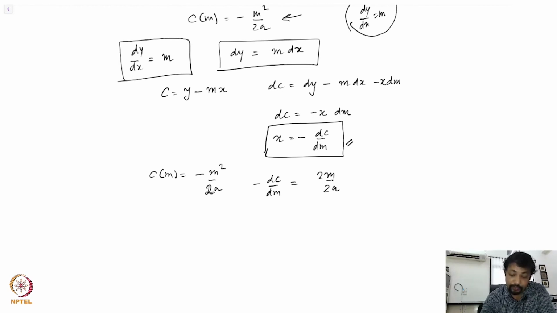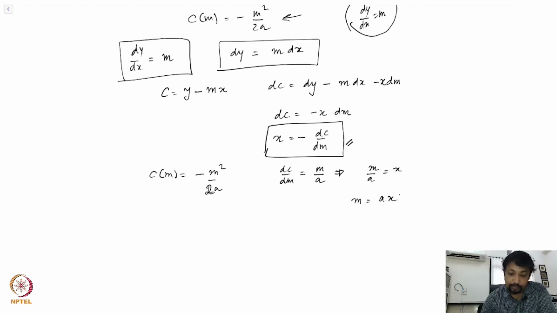No. So it's twice m over twice a, which is m over a. Let's just rub this out. Right? Which implies that m over a is equal to x, or m is ax.